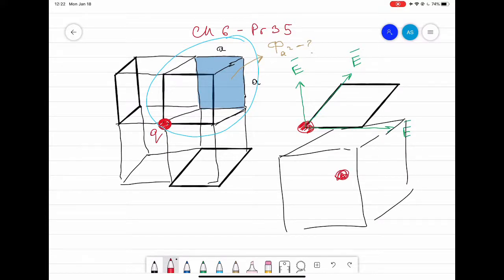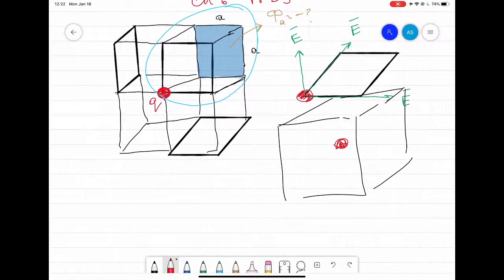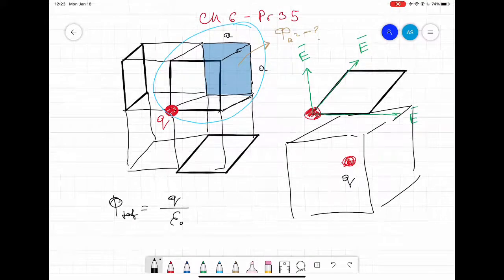Now if you consider it like this, then you can say that the total electric flux will be equal to the charge enclosed inside the cube divided by epsilon naught, right? However, this big cube has to be divided into 8 cubes, because we want to find the electric flux passing through this small cube first.